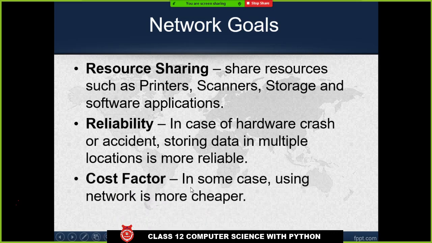Another thing is cost factor. Networks reduce cost. For example, big companies, CEOs, presidents, vice presidents, when they were going to have a meeting in the olden days, they had to travel to New York or Washington DC, and they were spending company money for traveling. Usually they were traveling in business class.